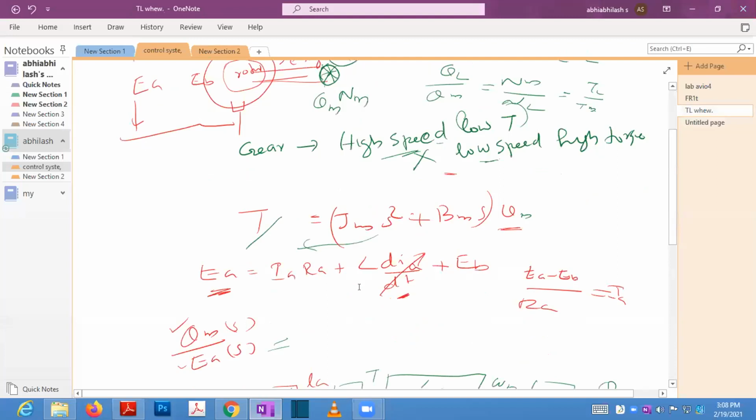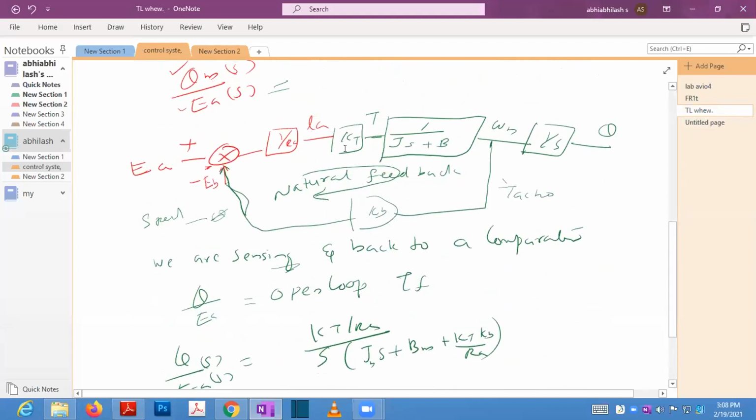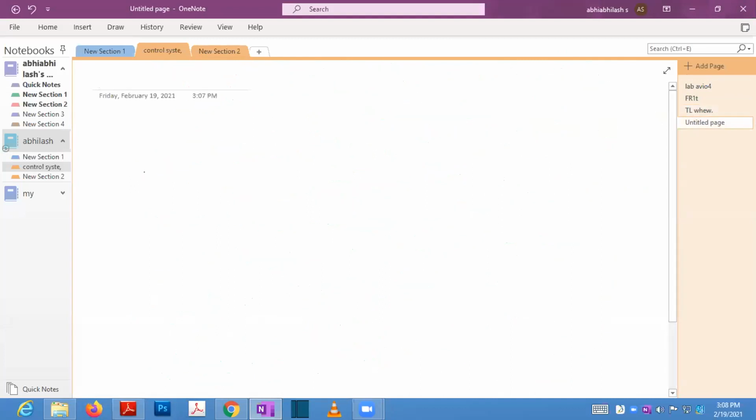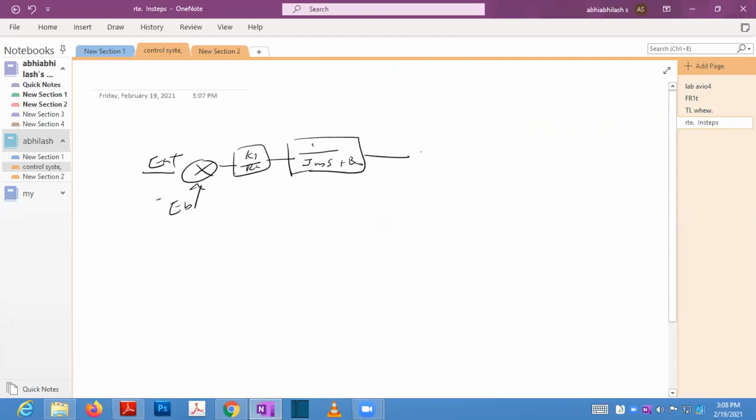So the transfer function that you are getting, this one, I have termed as KT by RA. So EA minus EB, KT by RA multiplied by 1 by JMS plus BM, multiplied by 1 by S will give you theta M. This multiplied by KB will give you EB.